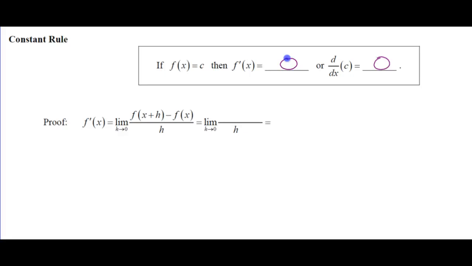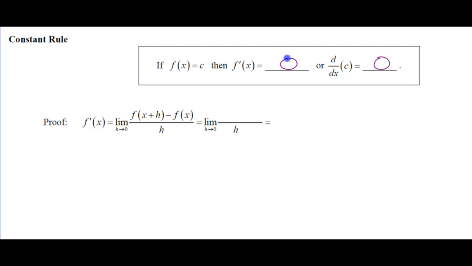Proof. So f prime of x, right? So the first principle is it's the limit as h approaches 0 of f of x plus h minus f of x over h. So what's f of x plus h for this? What's function notation say?